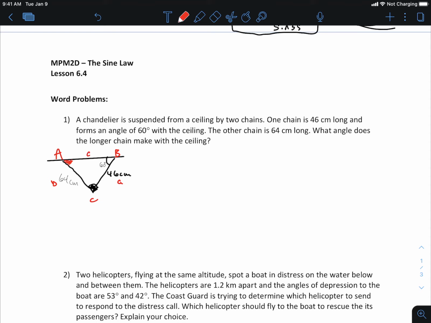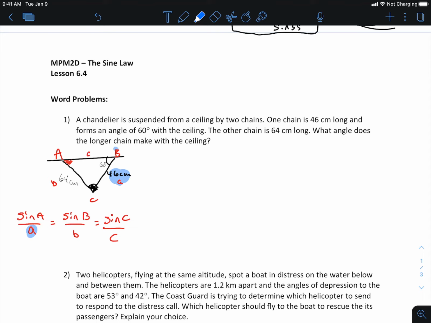So, now we're going to write out sine law, just to get practice. So, sine of A over a equal to sine of B over b is equal to sine of C over c. Then we can say, okay, well, what information do I have? I can go back now. I know little a is 46, right? So I know that.